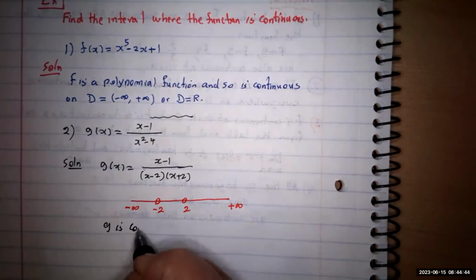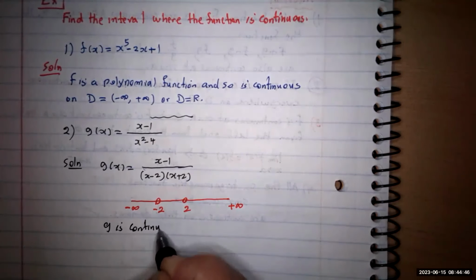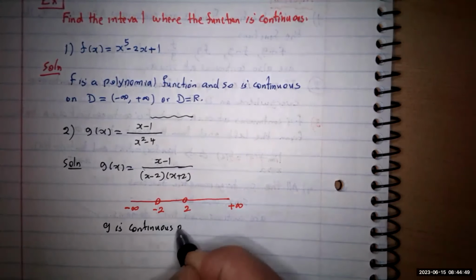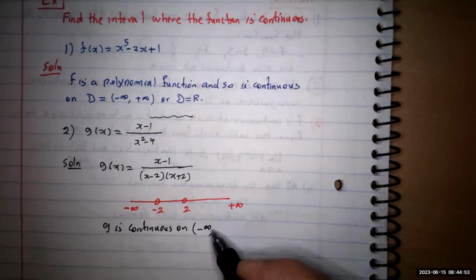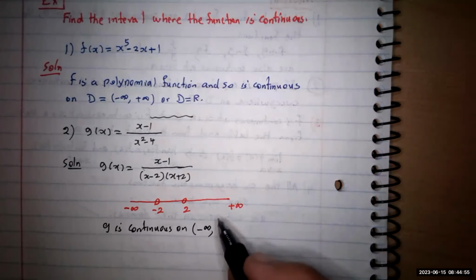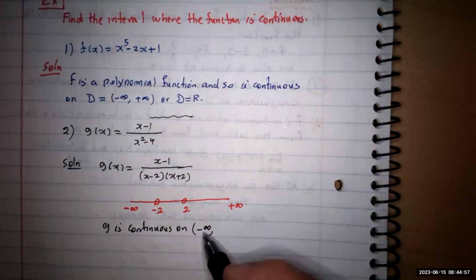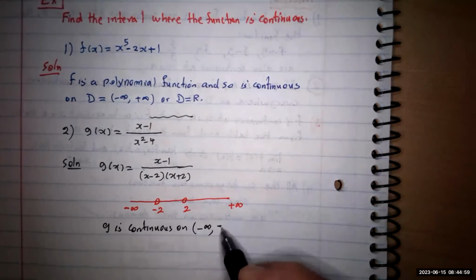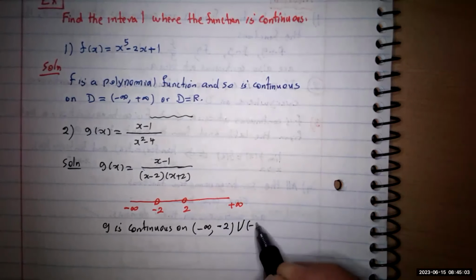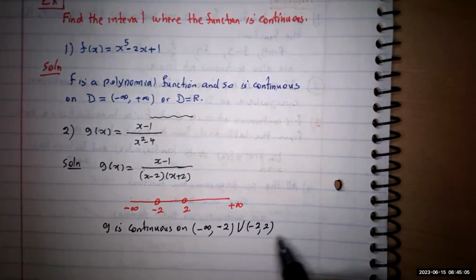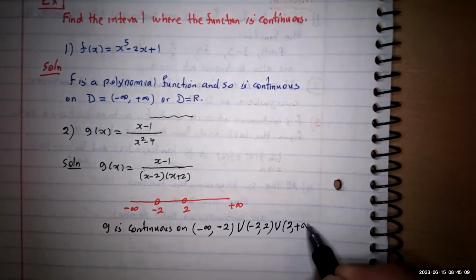g is continuous on this interval, just from negative infinity. It's the domain of the function, if you like. Negative infinity up to -2, union with -2 and 2, union with 2 and positive infinity.